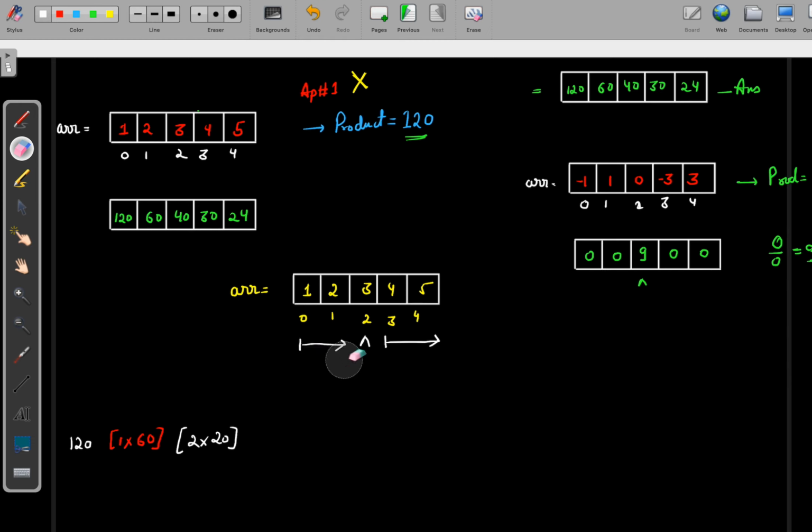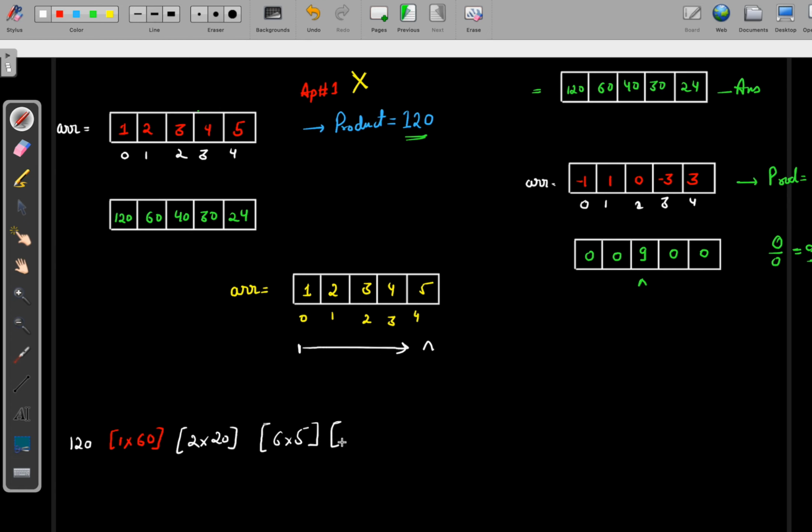Then again you will move your pointer from 2 to here, again start taking the product up till here, and from here to here. So there will always be a left product and a right product. If we take this, it will be 6 into 5. And you again move, so you will take the product from here till here.